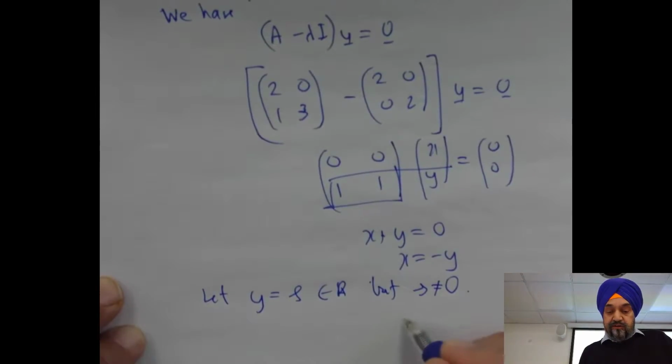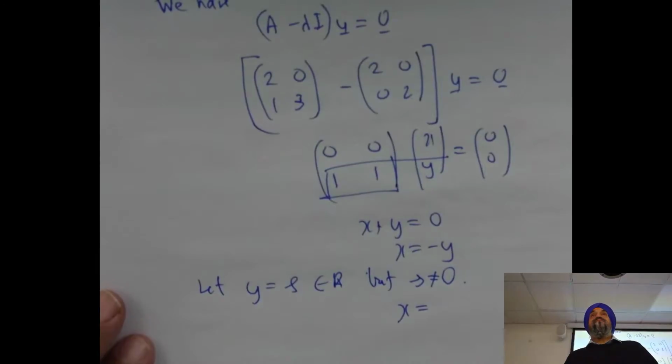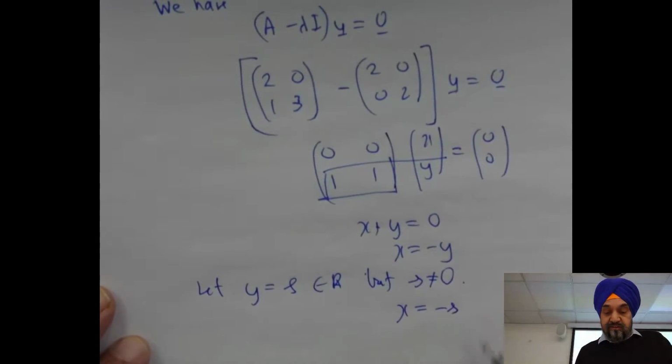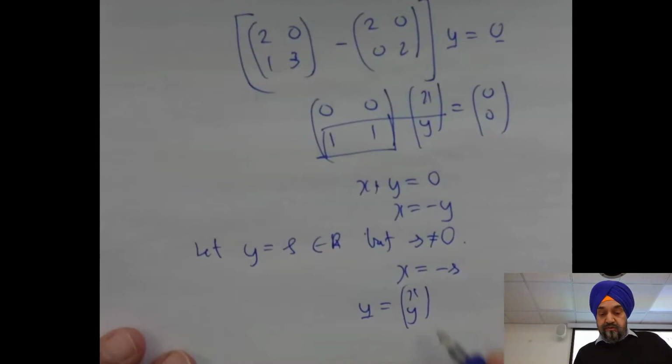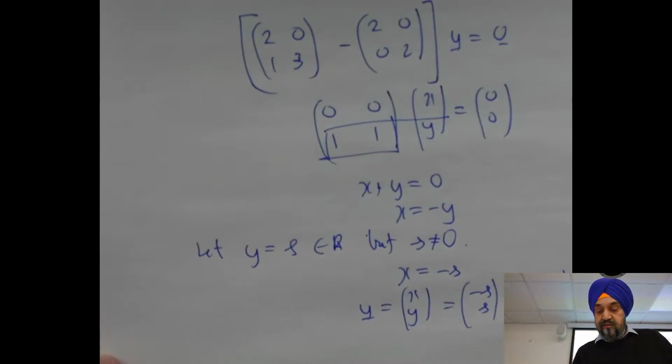So what's x equal to then? If y is equal to s, then x is minus s. So our vector u is equal to (x, y), which is (minus s, s), which means you can take an s out: s times (minus 1, 1), where s is not 0.